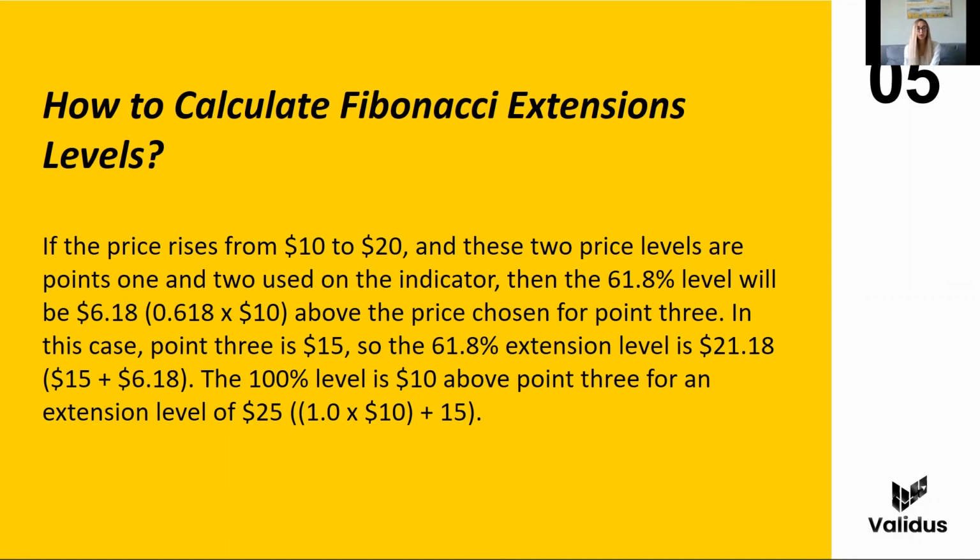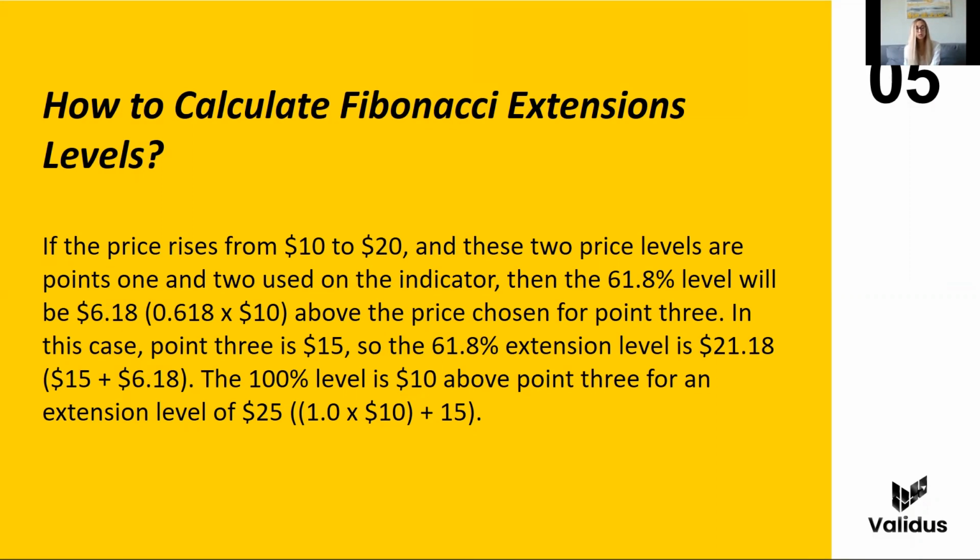So if the price rises from $10 to $20, and these two price levels are points 1 and 2 used on the indicator, then the 61.8% level will be $6.18 above the price chosen for point 3. It's 0.618 multiplied by the difference between 10 and 20, which is $10.